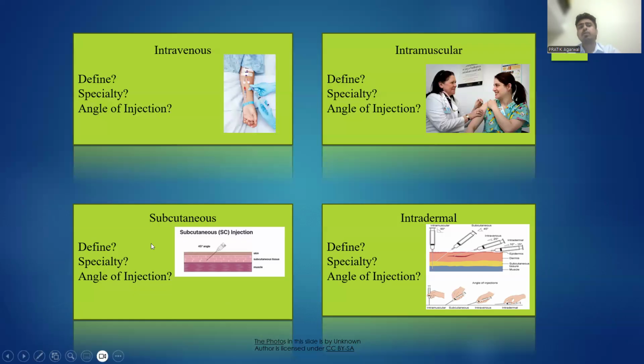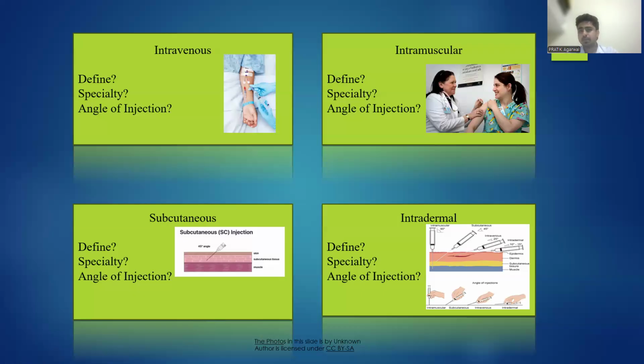Now, if you've got a substance that is irritating to the tissues, you wouldn't introduce it through the intradermal or subcutaneous route. You would go with IM or intravenous, because it's not good with your skin cells. There are a lot of substances that are not good with your tissue and cause tissue necrosis, so we wouldn't be giving them through the intradermal or subcutaneous route.